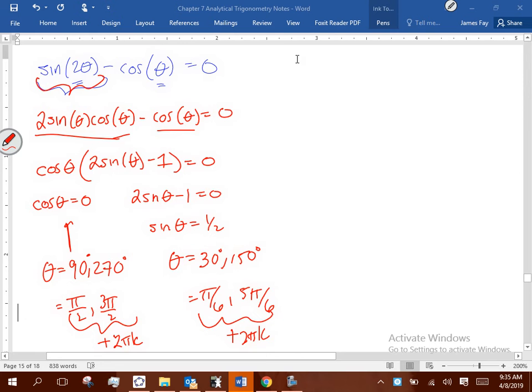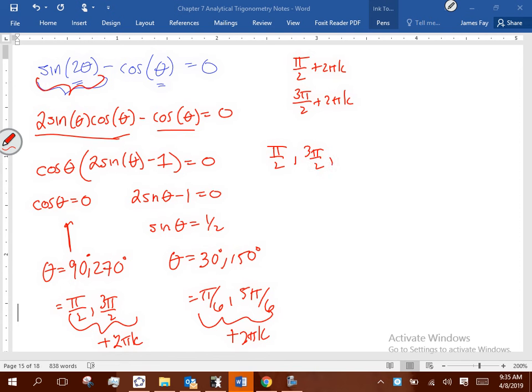On your test, I'm going to have questions like this, and a lot of people aren't going to want to write pi over 2 plus 2 pi k, and then 3 pi over 2 plus 2 pi k. It becomes tedious. So if you just want to write pi over 2, comma, 3 pi over 2, comma, pi over 6, comma, 5 pi over 6, put those in parentheses, and then put plus 2 pi k, I'm 100% okay with that.